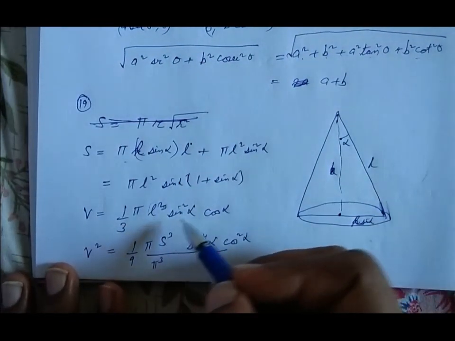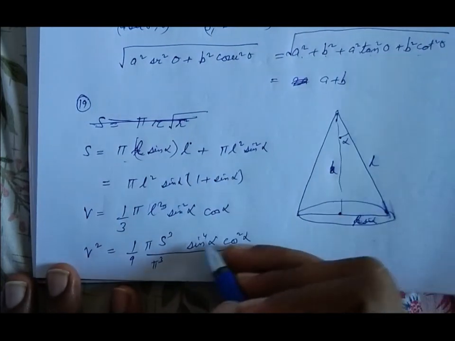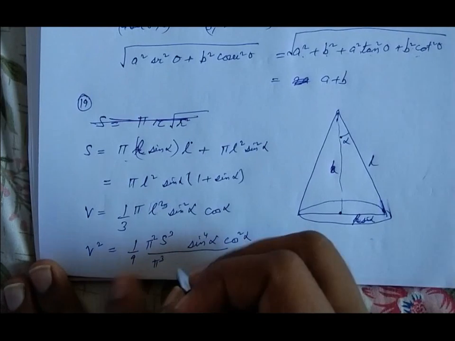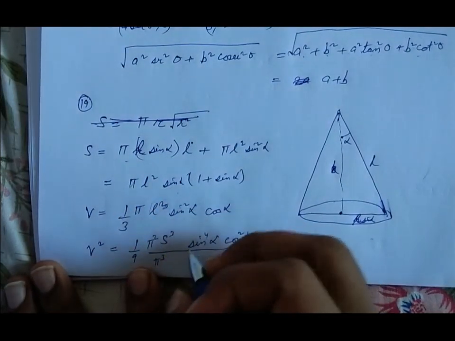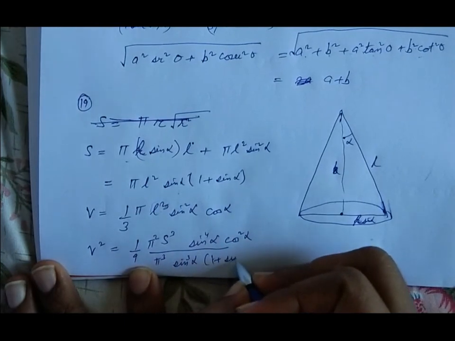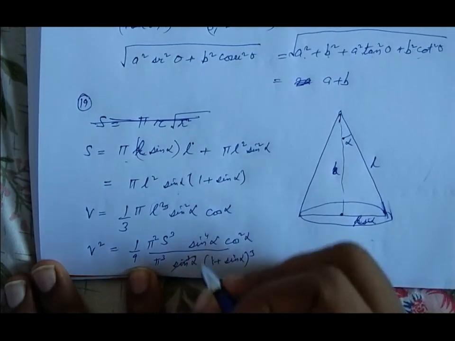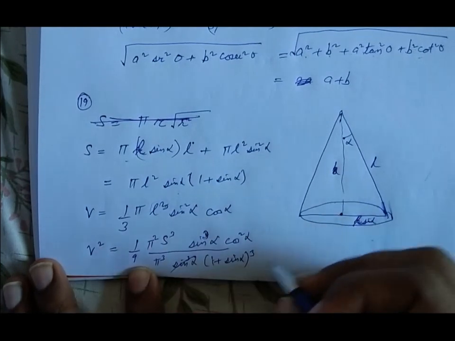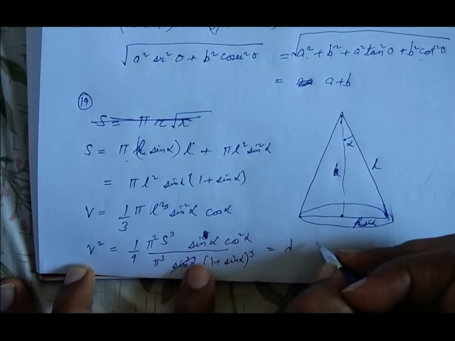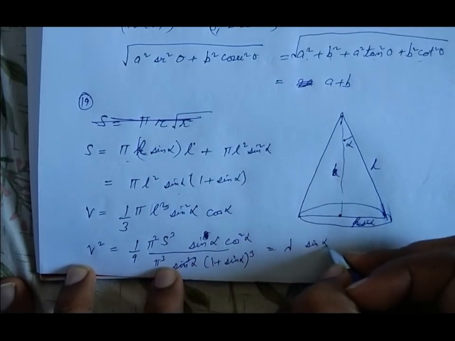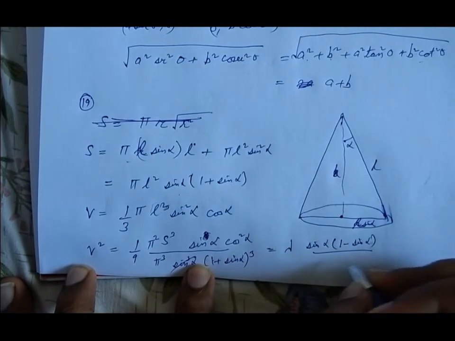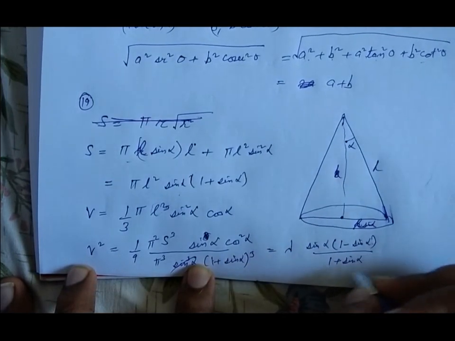Substituting the value, we have squared this, upon sin cube alpha and (1 plus sin alpha) cube, which is equal to lambda times sin alpha (1 minus sin alpha) and (1 plus sin alpha) whole square.